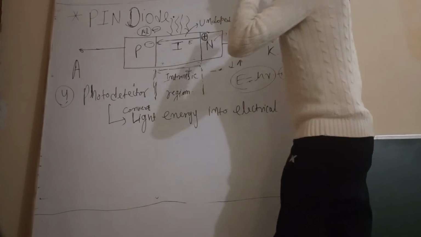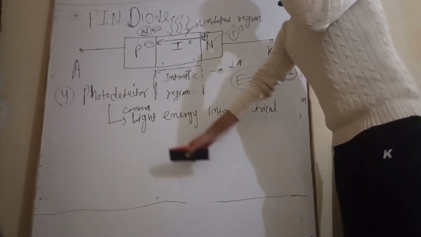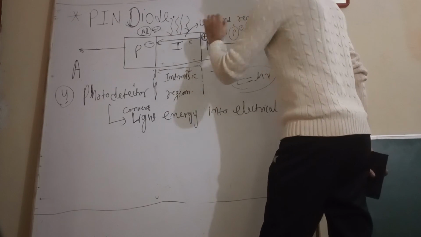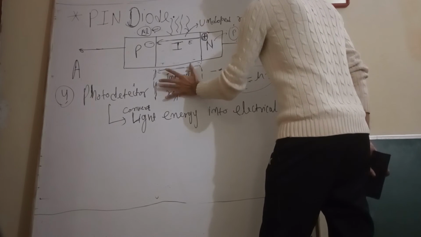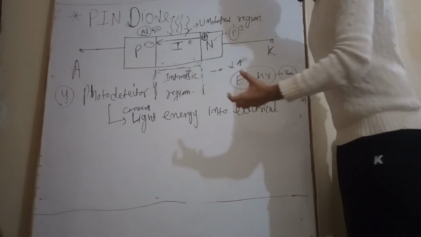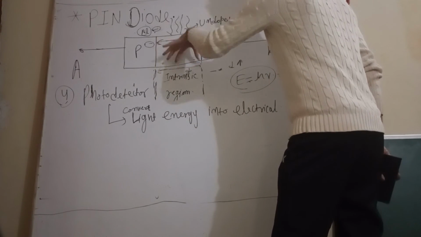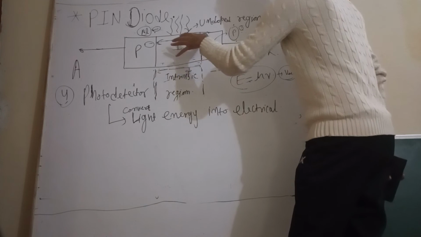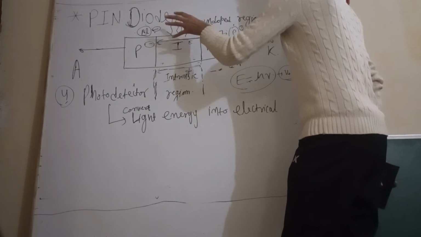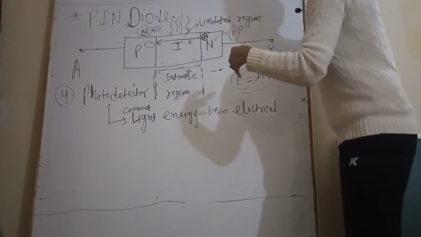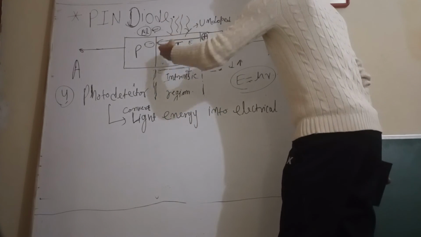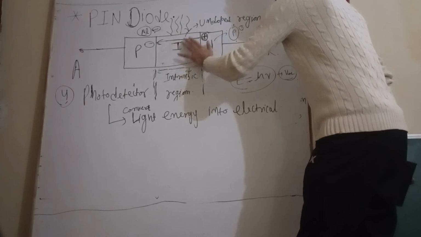Now my fourth one is the photodetector. In a photodetector, the intrinsic region provides a large area for radiation absorption. As a photon strikes the surface of this intrinsic region, the bound charge carriers will get enough energy to break out of the covalent bond and come out of the bound state, and in this way the charge will get free.